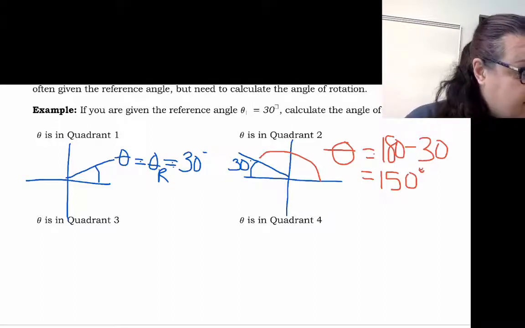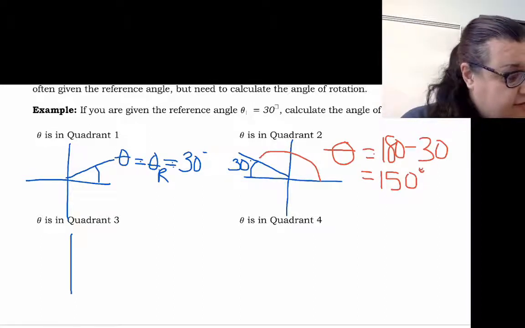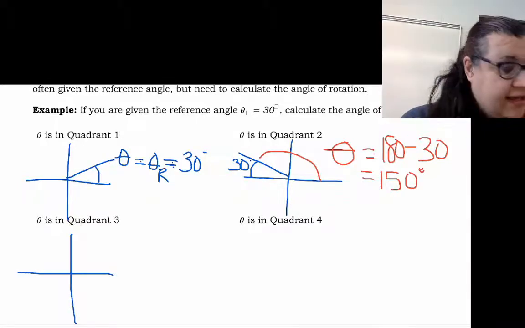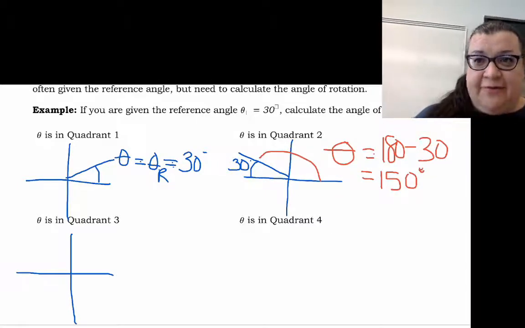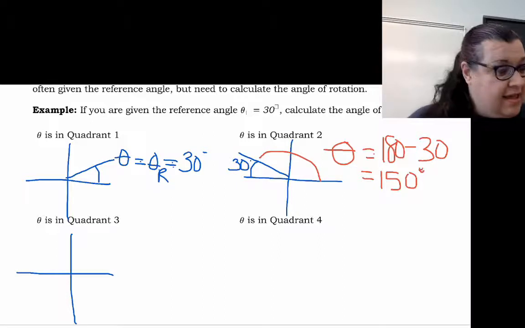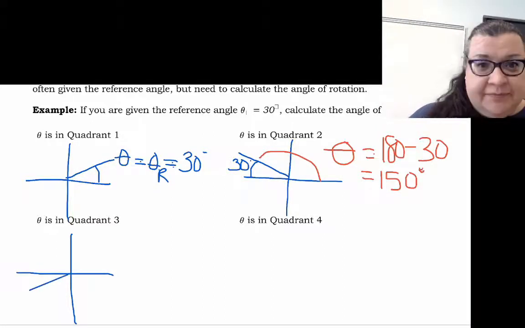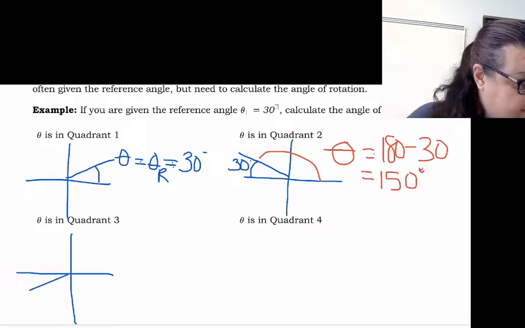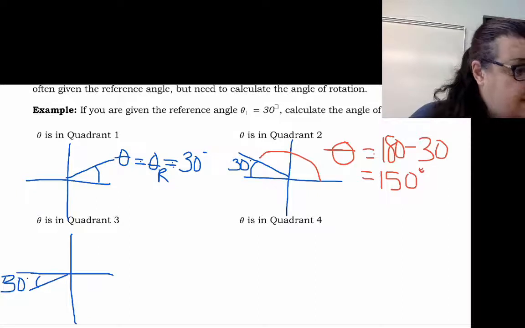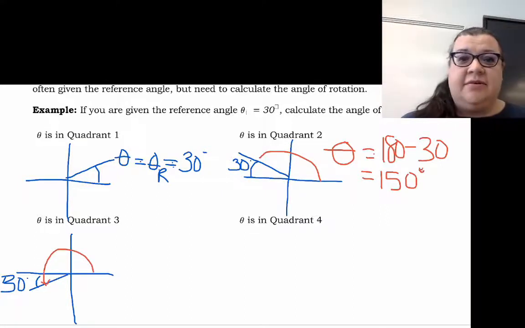So if our principal angle ends in quadrant 3, and we're using a reference angle of 30 degrees, then we're talking about having our terminal arm, say, about here, because this would be 30 degrees. So what is our principal angle? Our principal angle is from the positive x-axis all the way to the terminal arm. So how much is that?